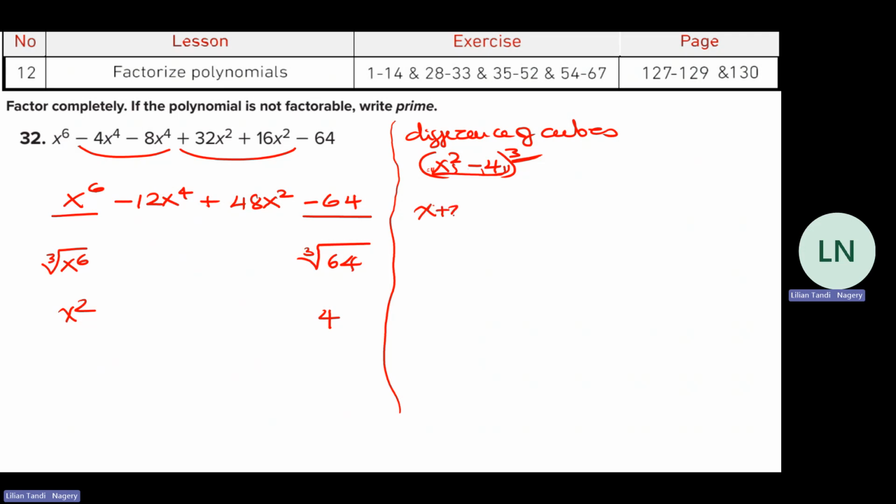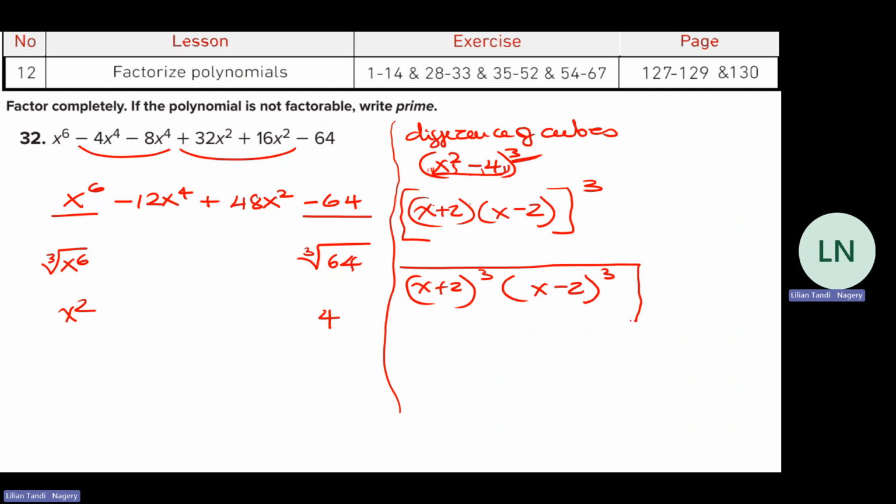Because they're a difference of squares, you need two brackets. So x plus 2, x minus 2. That is just the inside. Then you need to cube it. So then your answer will be x plus 2 to the third power, x minus 2 to the third power, and this is your answer.